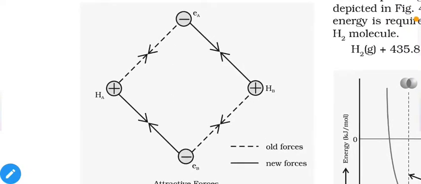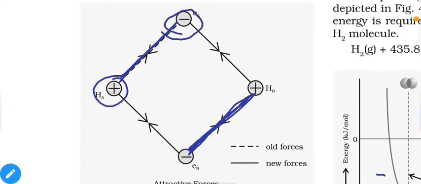In this figure, the dotted line represents old forces and the solid line represents new forces. That means initially the electron of the second atom and the nucleus of the first, both of them were attracting each other. Similarly, this is the nucleus of hydrogen, and this is its electron, so they are attracting each other. These are old attraction sites, and these are new attraction sites.